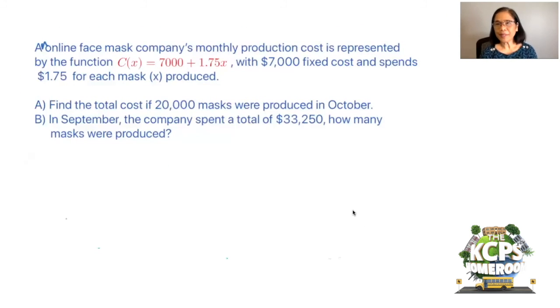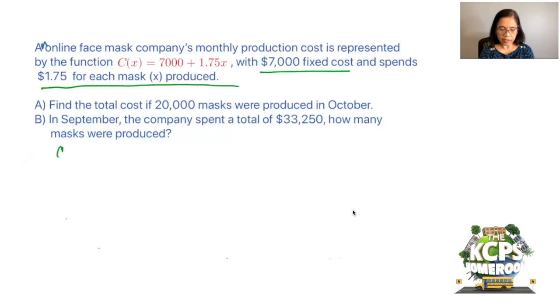Okay, let's have another example. An online face mask company's monthly production cost is represented by the function C of x is equal to 7,000 plus 1.75x, with 7,000 as the fixed cost, and it spends $1.75 for each mask that is produced. For letter A, we're asked to find the total cost if 20,000 masks were produced in October.